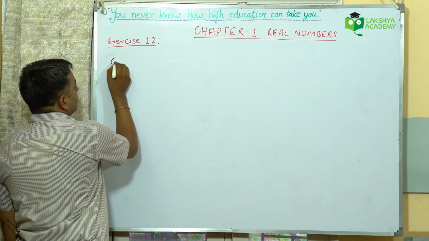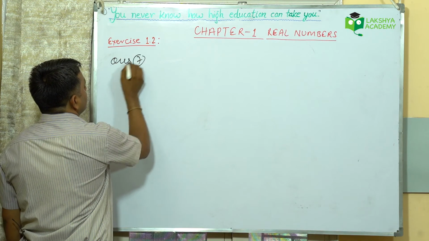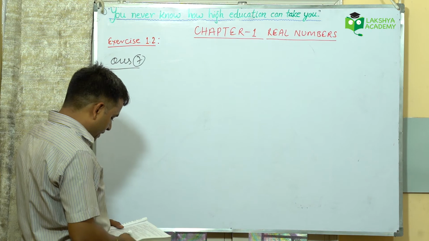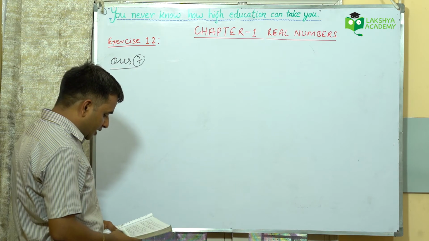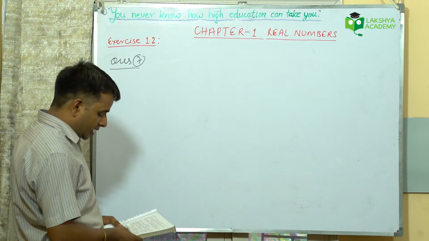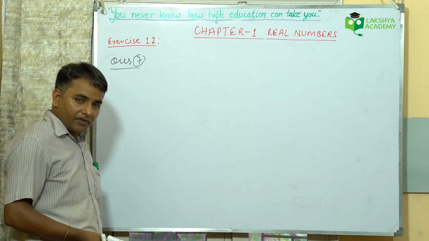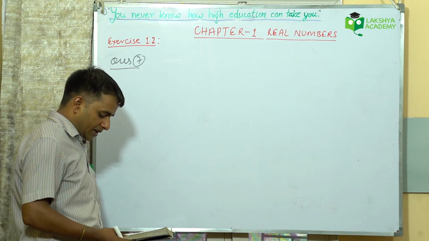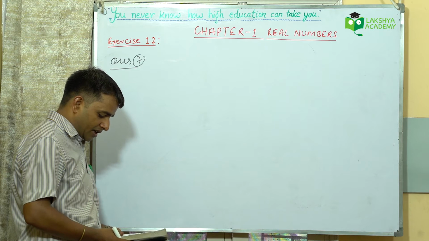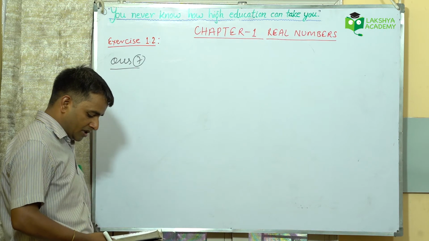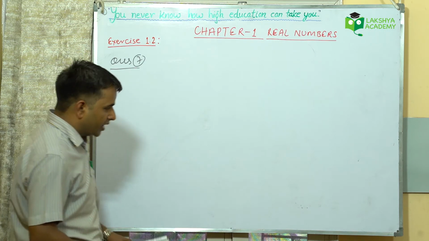Now coming to question number 7. There is a circular path around a sports field. Sonia takes 18 minutes to drive one round of the field, whereas Ravi takes 12 minutes for the same. Suppose both start at the same point at the same time.